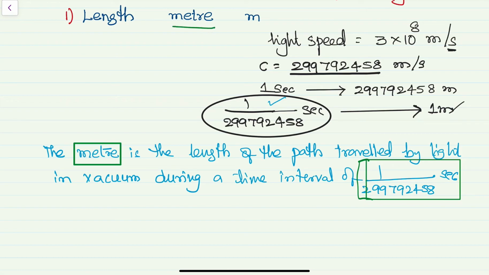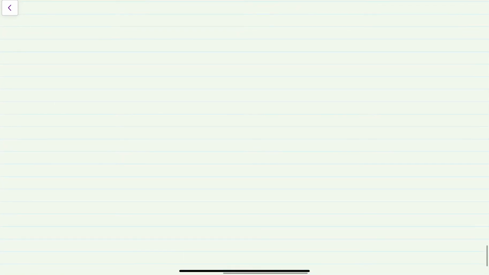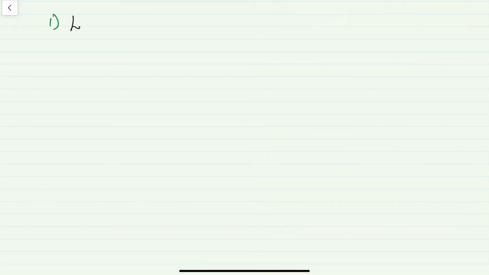This is so fundamental. Let us see the remaining 7 fundamental physical quantities; the supplementary ones we have already seen, that is plane angle and solid angle. First one, length, the unit is meter, symbol m.